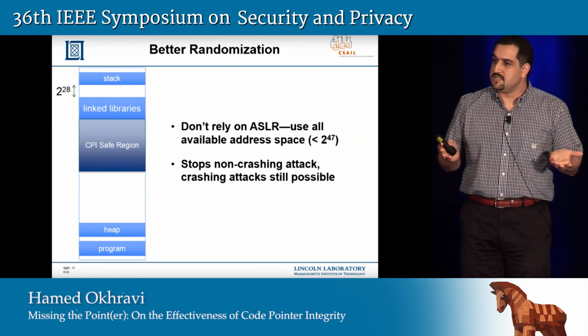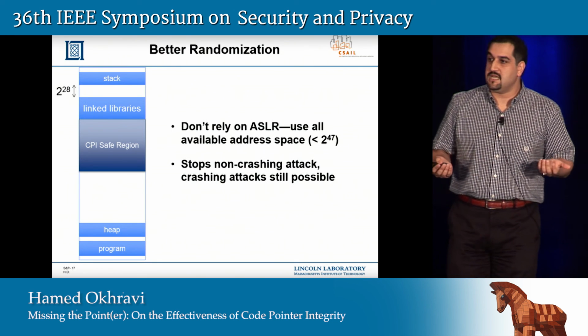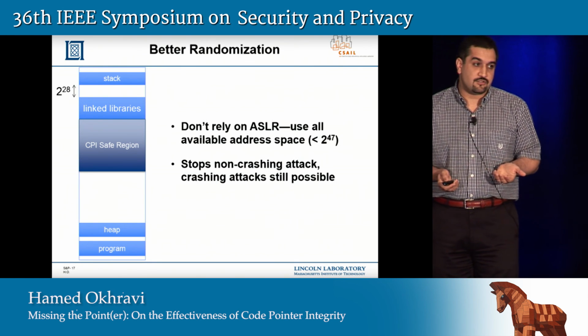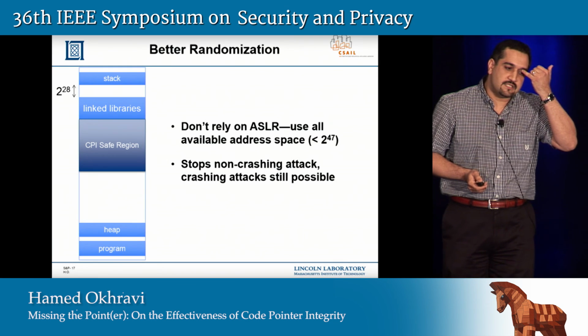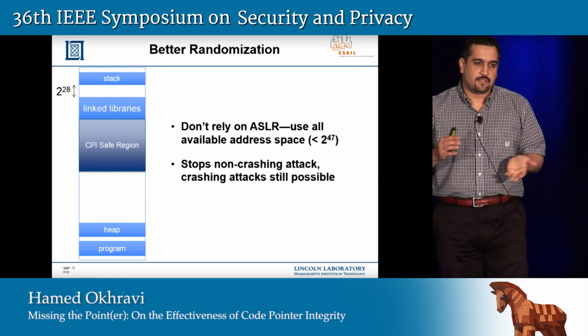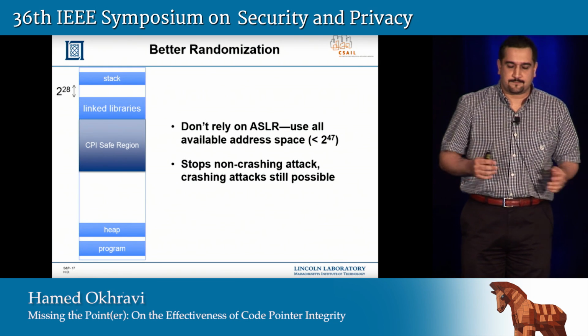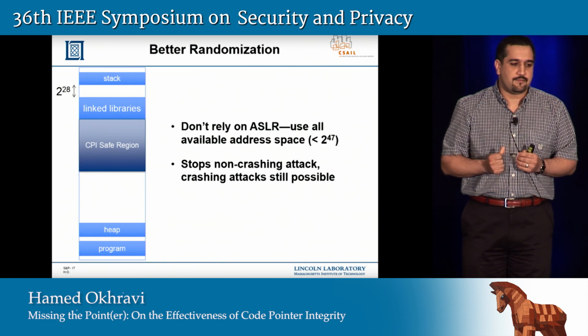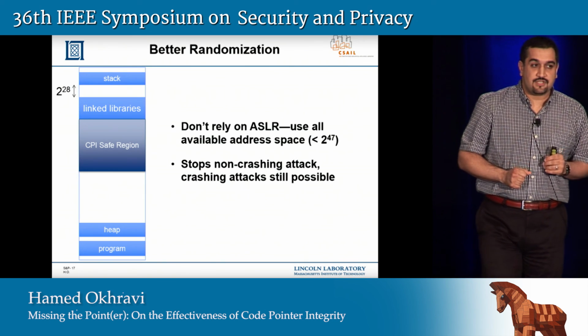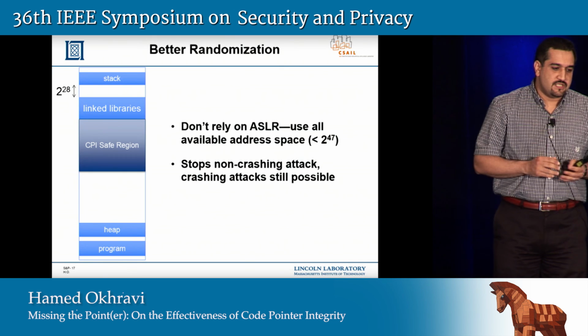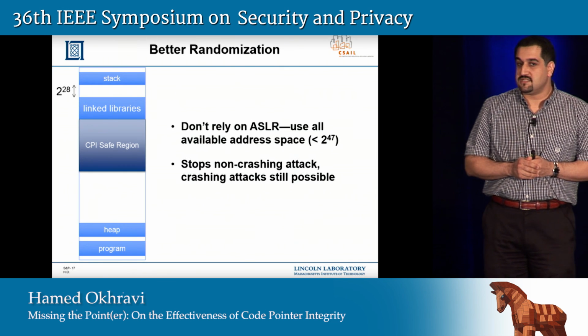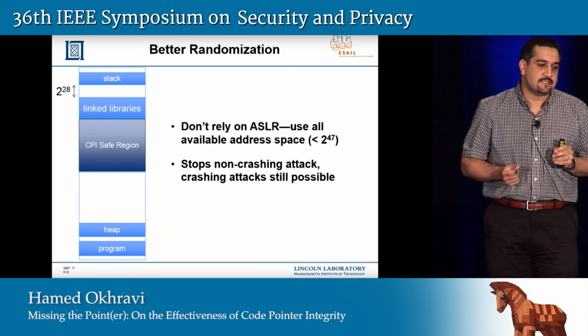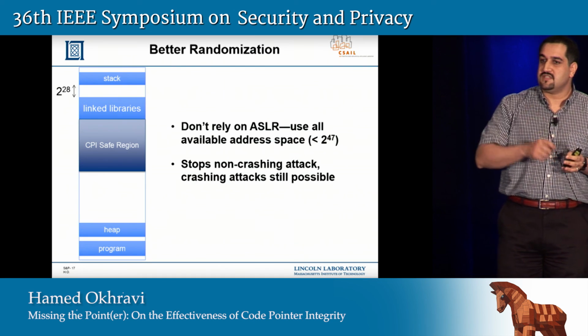So the default implementation relies on system ASLR, which has 28 bits of entropy for the start address. But what if we don't do that? What if we use the entire mmap region, the entire region that's available to us, which is roughly 47 bits of addressable space, and then randomize the location of the safe region there?